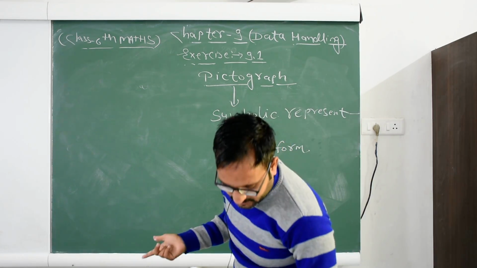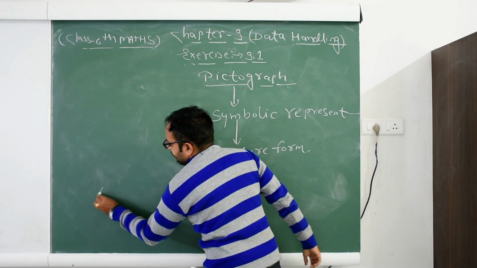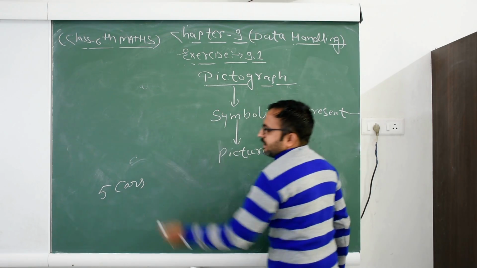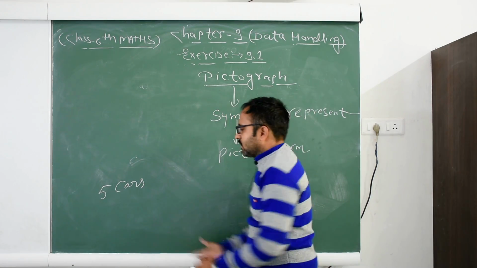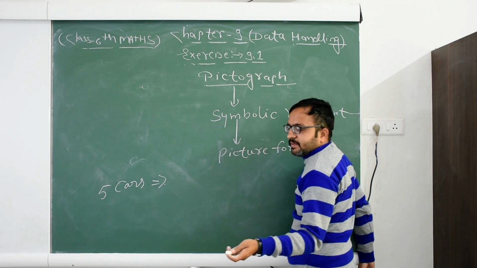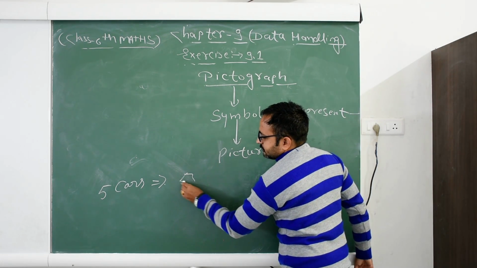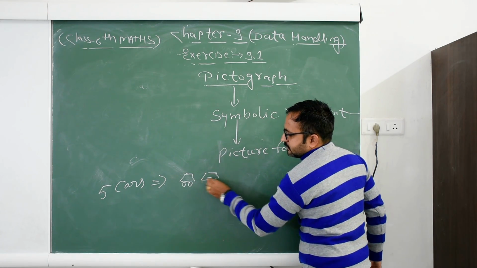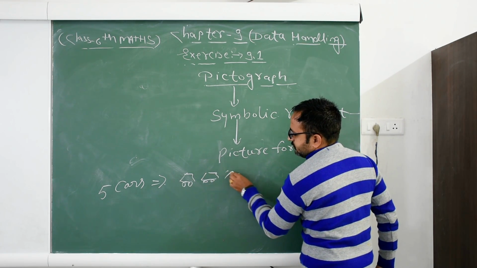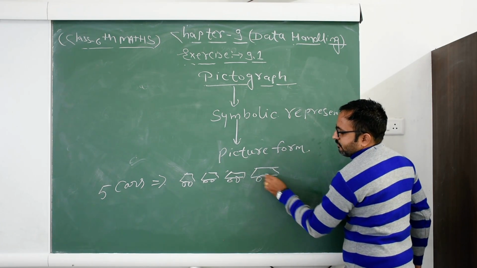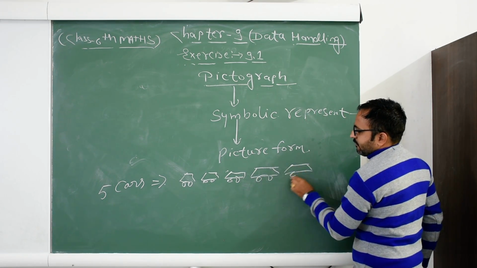So what is this? If you have 5 cars, how to denote it? We take a picture of a car: 1, 2, 3, 4 and 5.